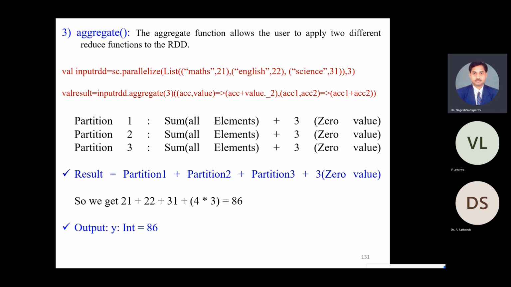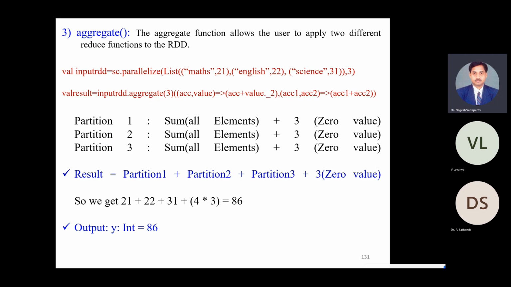Like that, three sets are there. So next, the value result. result is equal to inputRDD.aggregate. Now I'm aggregating three values, accumulator comma value. You can call it an accumulator. Okay. So I'm adding all accumulator 1 and accumulator 2 values here.